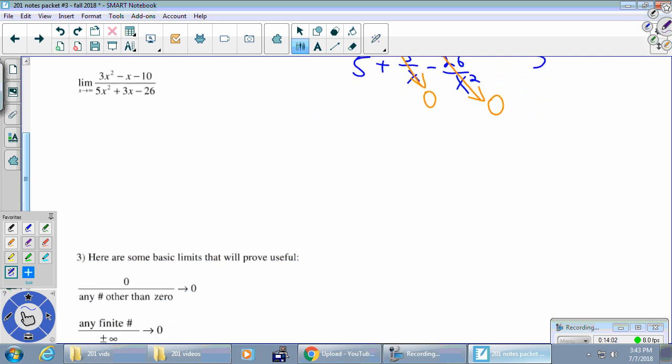But before we apply L'Hopital's rule, remember you have to try plugging in. And when I plug in infinity on the top, I get some kind of difficult calculations. I get 3 times something big squared minus something big minus 10. Relative to the infinity, the really big thing I'm plugging in for x, the minus 10 is negligible. It's a drop in the bucket. So I'm going to ignore that.